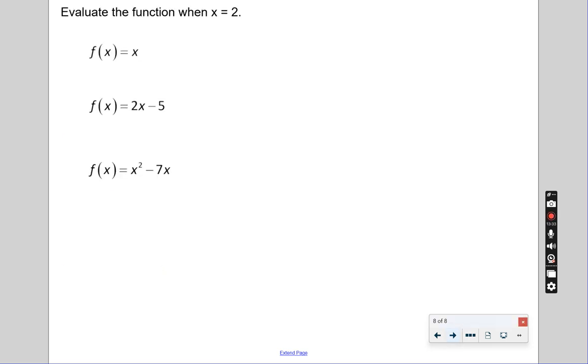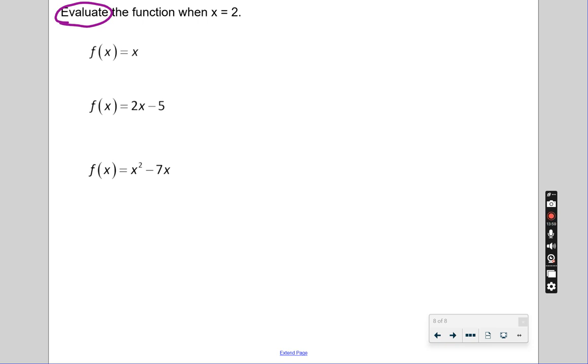All right, and last part of our notes, evaluate the function when x equals 2. All right, so I see that word evaluate. So what does that mean my answer should look like? A number. It's going to be a value, okay? So it says when x equals 2, so what do you think I should do here?